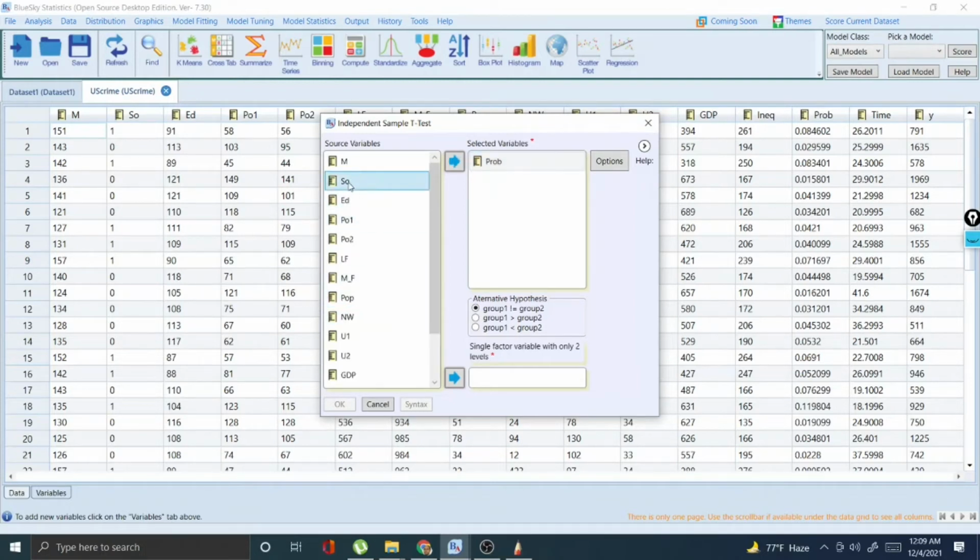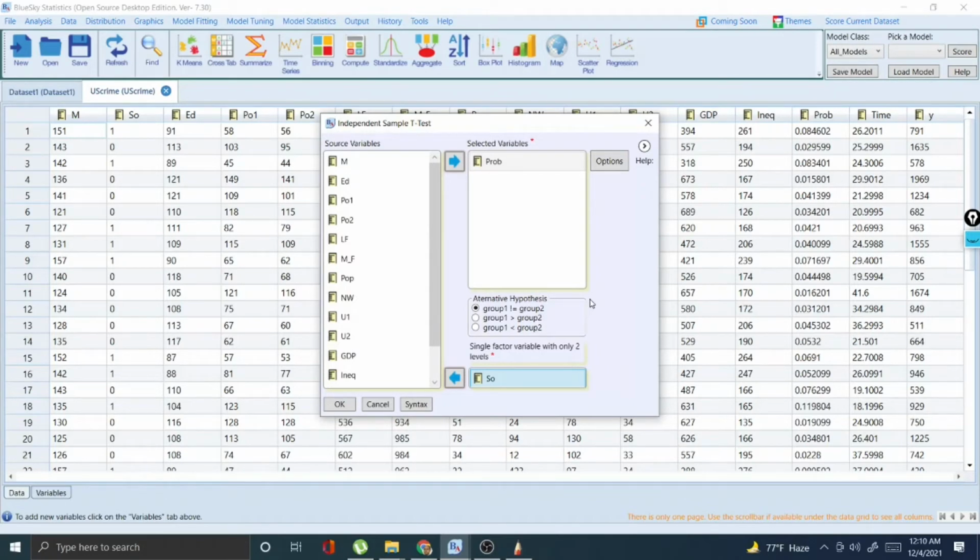Okay, so let's choose south here, and our null hypothesis is that these two groups, southern states and non-southern states, have equal probabilities of imprisonment. The means are equal. So the hypothesis is that southern states and non-southern states have equal probabilities of imprisonment.